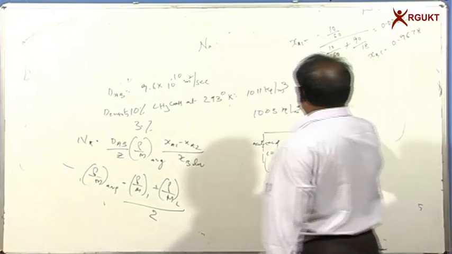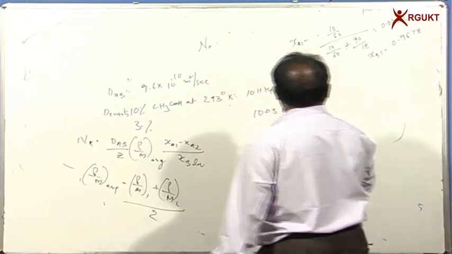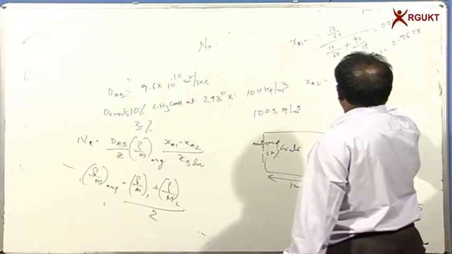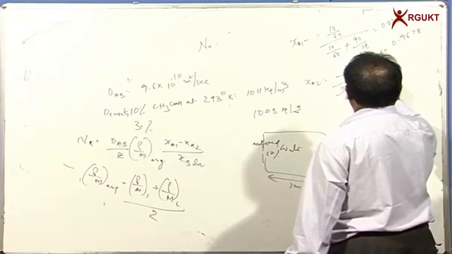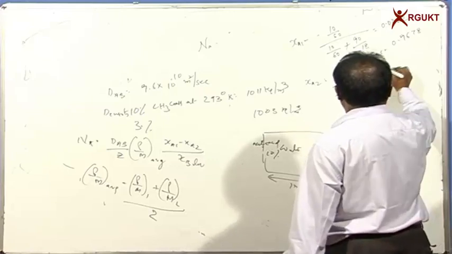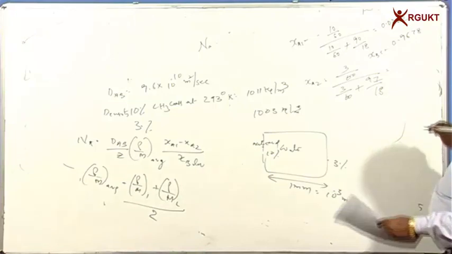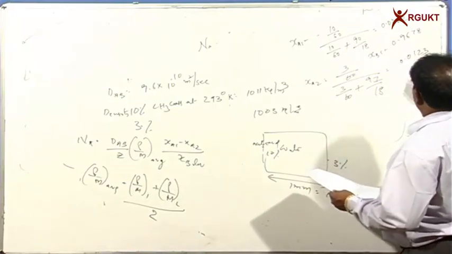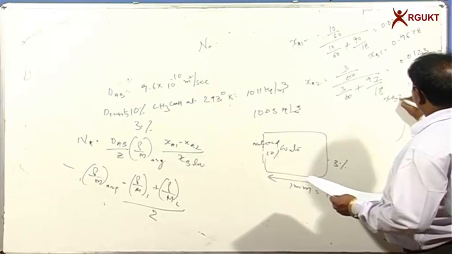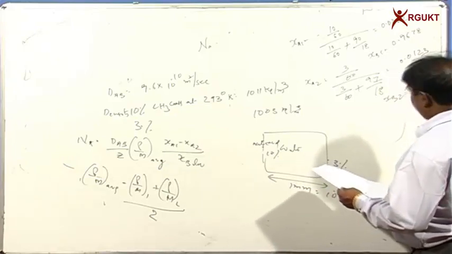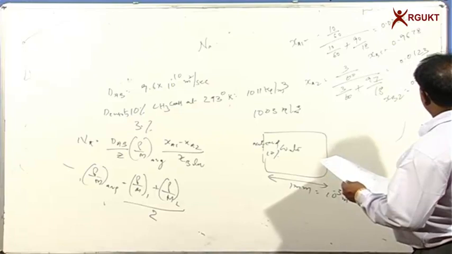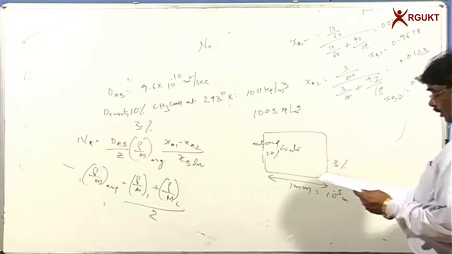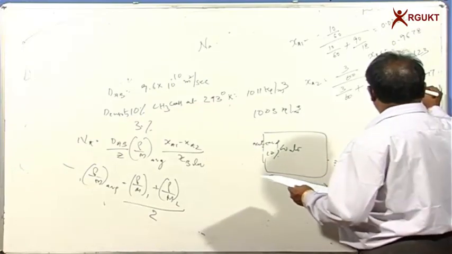When you talk about XA2, similarly one can do 3 by 60 plus 97 by 18, that is equal to 0.0123. So XB2 is equal to 0.9877.